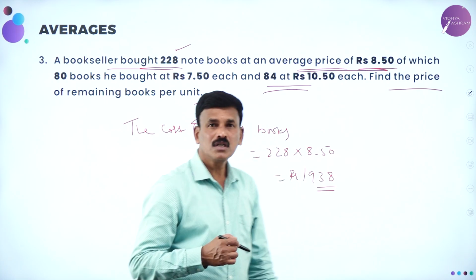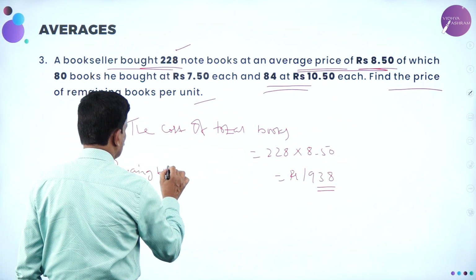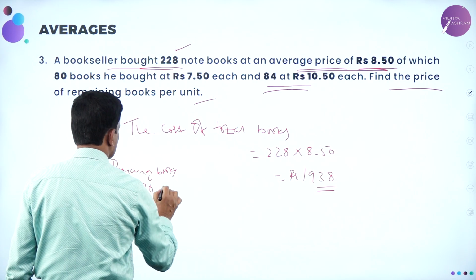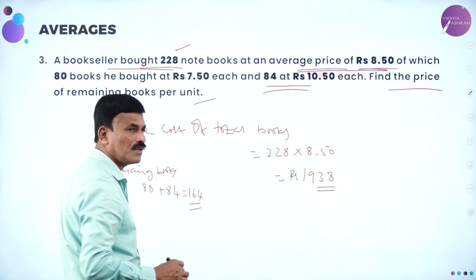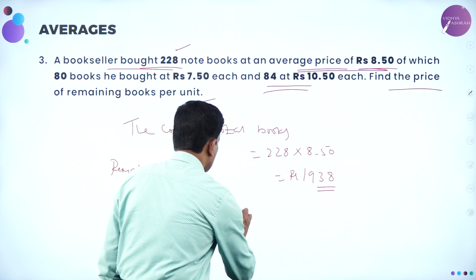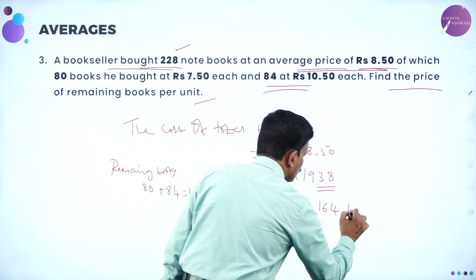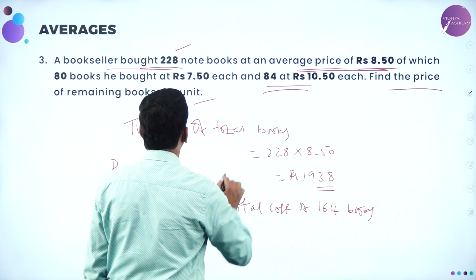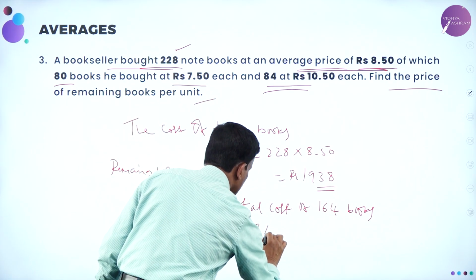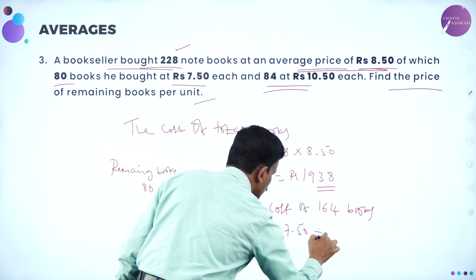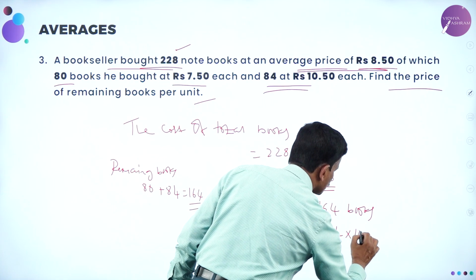This is the first condition. Now the remaining books, how many books are given? That is 80 plus 84, which is equal to 164. So now let us find the cost. The total cost of 164 books is equal to 80 books at the rate of 7.50, 80 into 7.50, plus the remaining 84 books at the rate of 10.50.